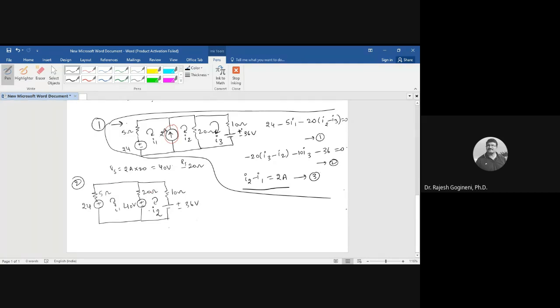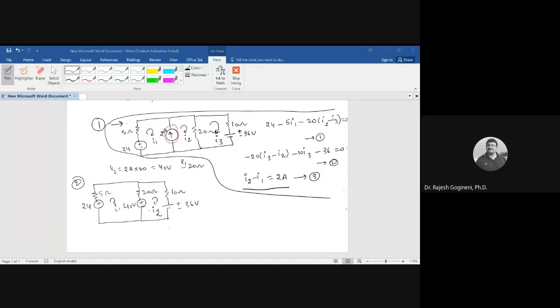In the second case, it becomes I2. Right? To simplify this, write the KVL equations. We'll get the same value for the current flowing through the 10 ohm resistor.